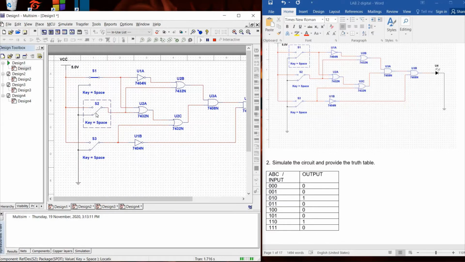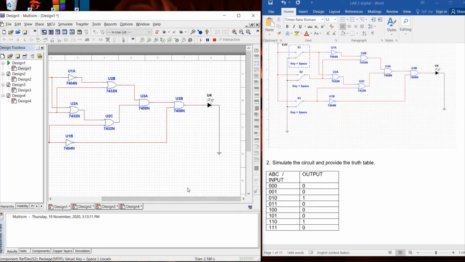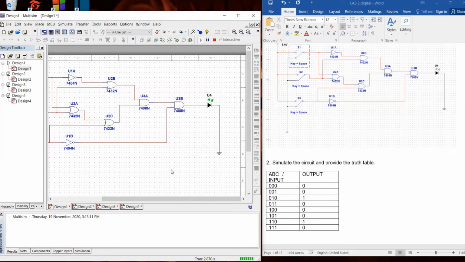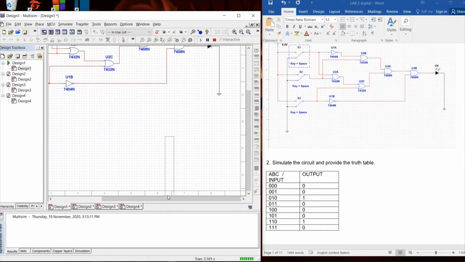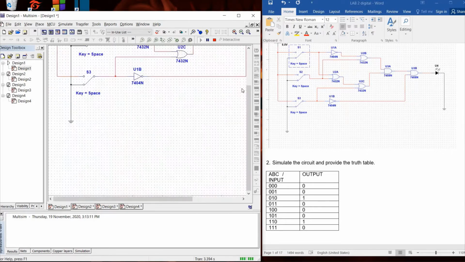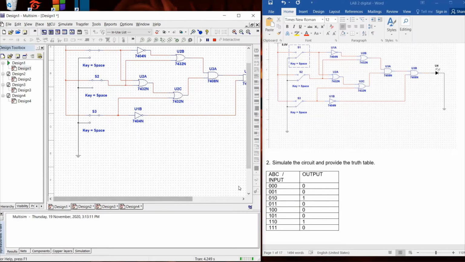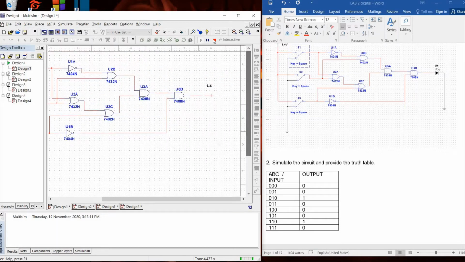My input is 1 0 1. My output will be 0, and my input is 1 1 0. My output is 1, and finally my input is 1 1 1, and my output is 0.